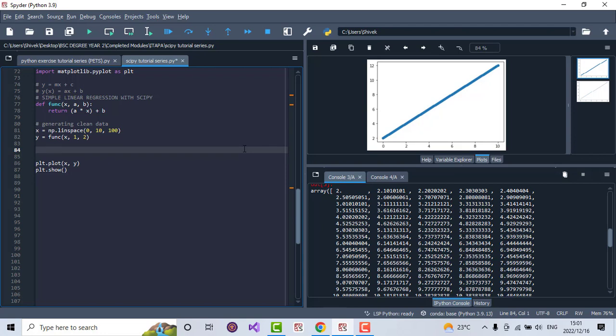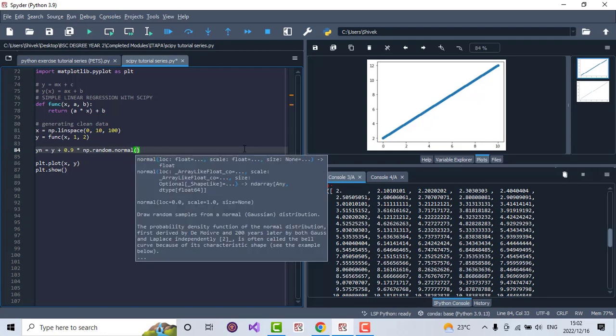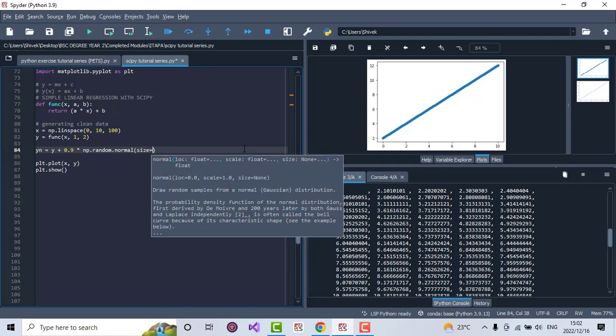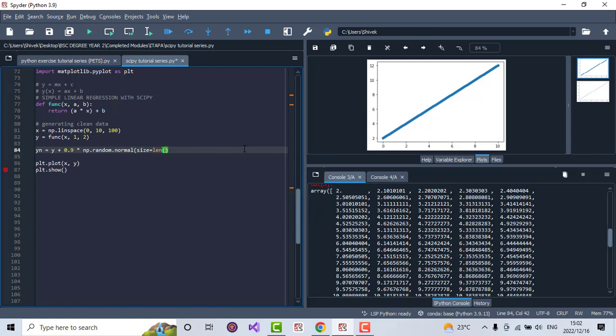I know we did not speak about this function before, but it is very easy, as implied by the name of the function. It will generate random numbers for us. So what we will do is call this y of n is equal to y plus, as you can see, I am adding 0.9 and I will multiply by numpy random dot normal, and within this method I will say size is equal to the length of x.